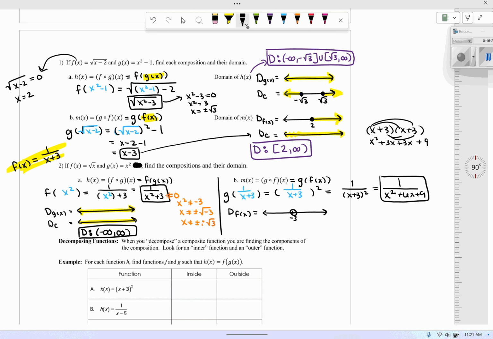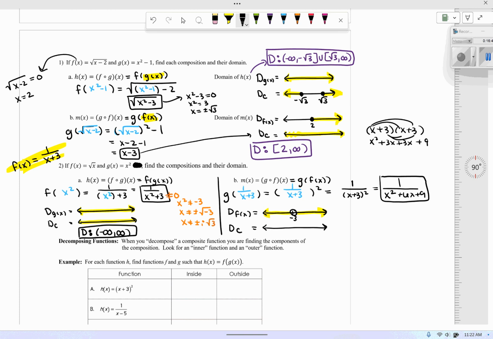And remember, there's no radical to worry about. So no matter what we plug in, we're not going to get imaginary answers because there's no even root. And so we're only concerned with -3 because that makes our denominator 0 and we can't divide by 0. So that means every other number that we pick is going to work, which we've talked about before when we did our domain notes.